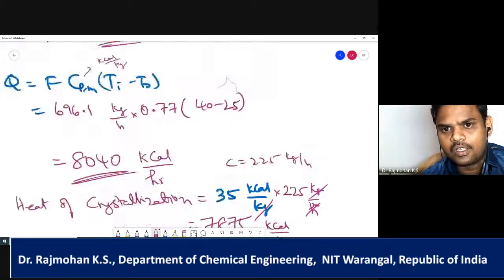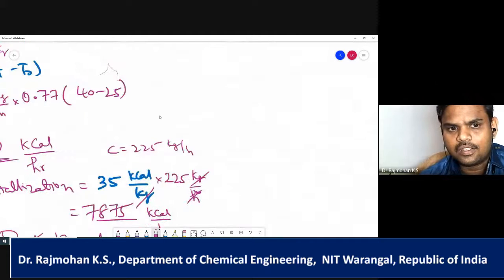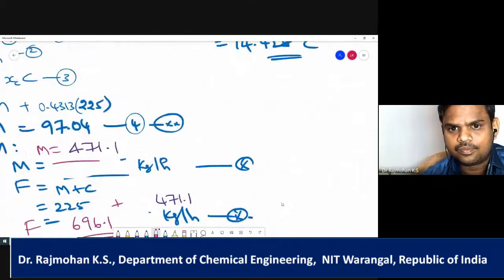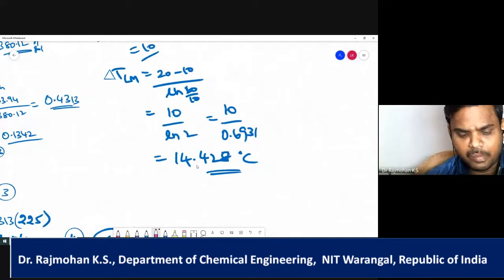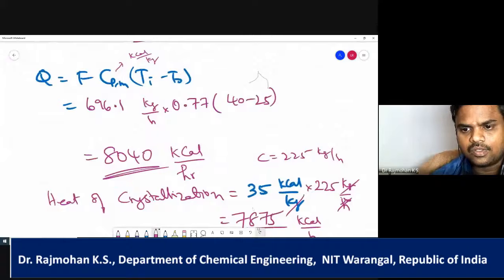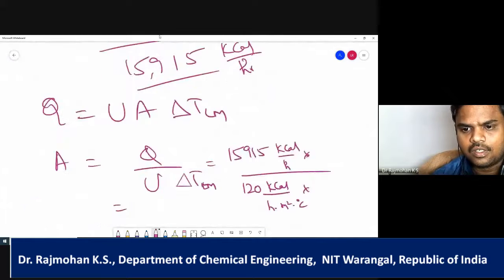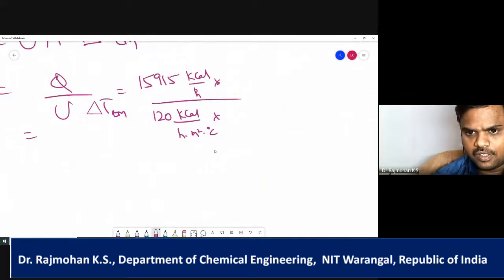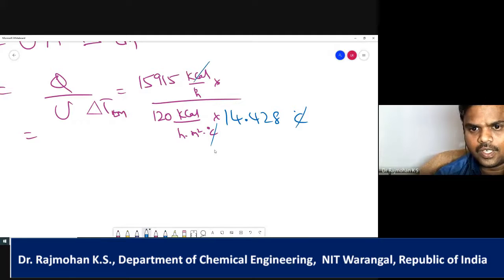What is our delta T logarithmic mean? We have calculated that. Delta T logarithmic mean is 14.428. Okay, so if you substitute that here, 14.428, kilocalorie getting cancelled, hour getting cancelled, the only thing left is meter square.